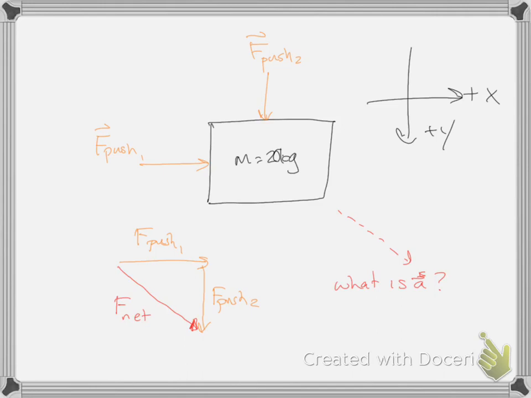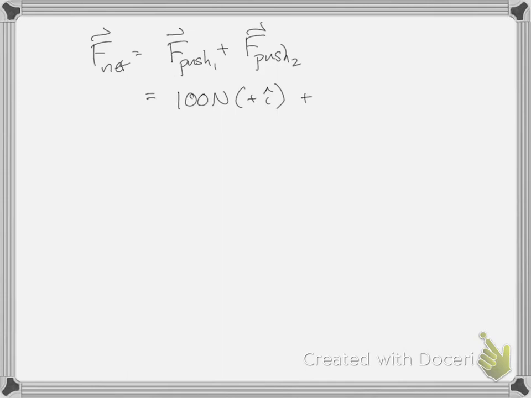So that, therefore, I can write that the force F net equals F push 1 plus F push 2, and F push 1 was 100 newtons in the plus x direction, and F push 2 was 100 newtons in the plus y direction. So this no longer adds like scalars, so the net force is simply in component form.